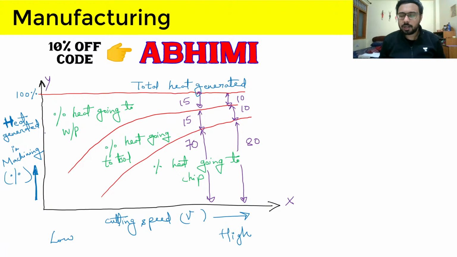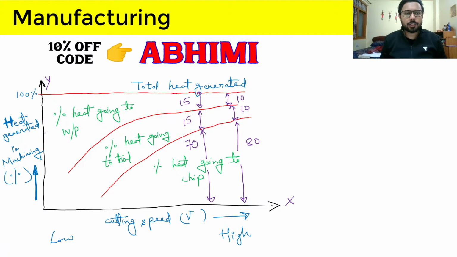So if the parameters start to change due to expansion, due to the more heating of that tool, then we will find our final desired shapes are not getting obtained, and also the tool will get softer because of the more heat transferred to it.